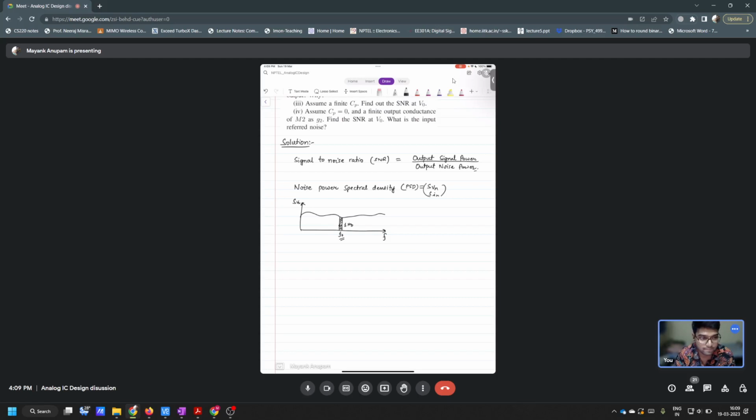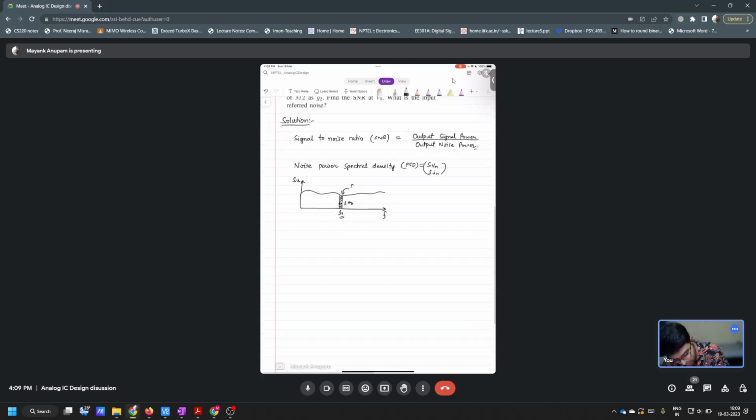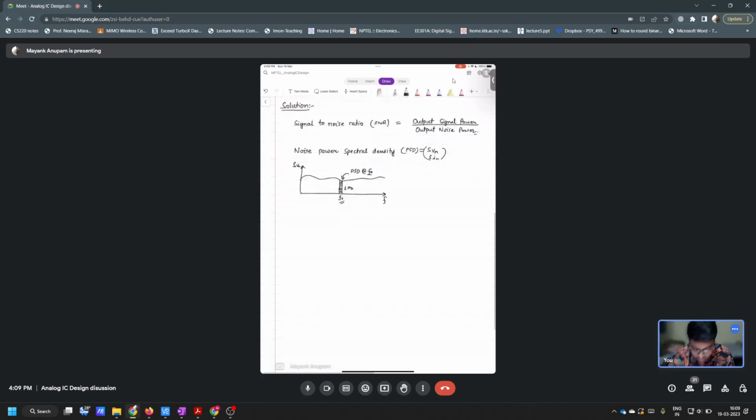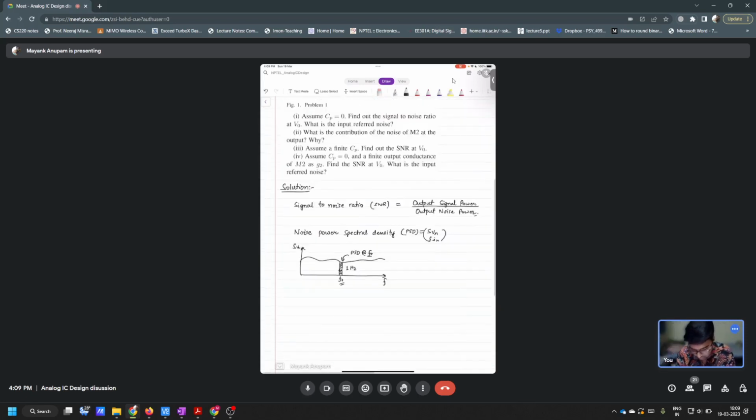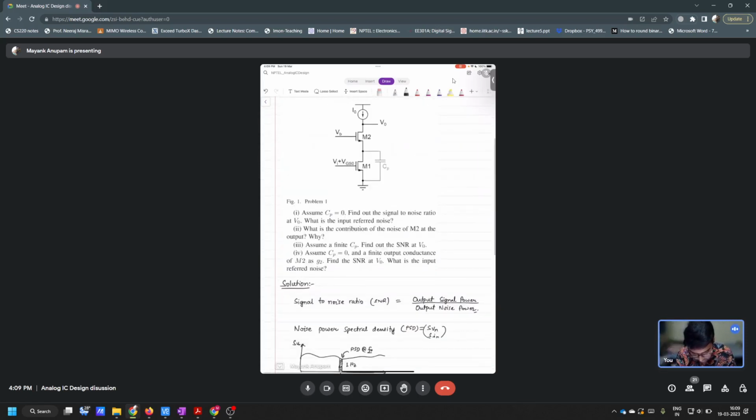Is that clear? Cool. So this is basically the PSD at f0. Now that we are on the same page, let's quickly solve this question.